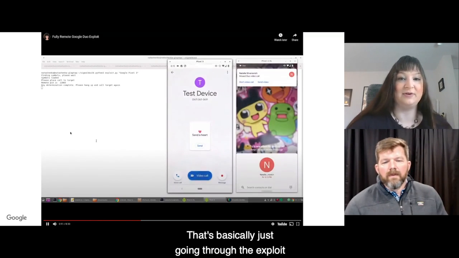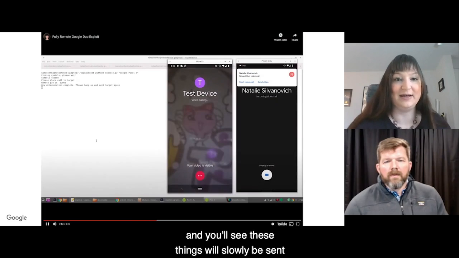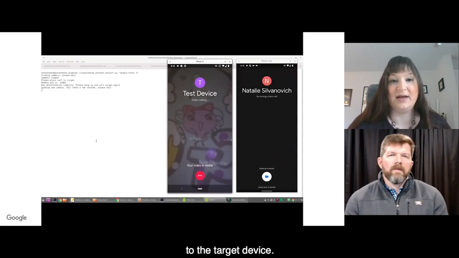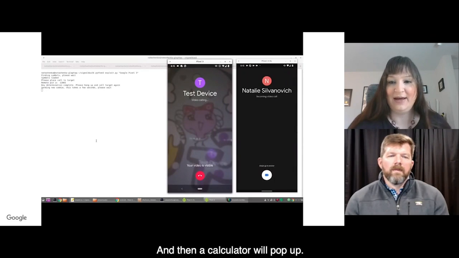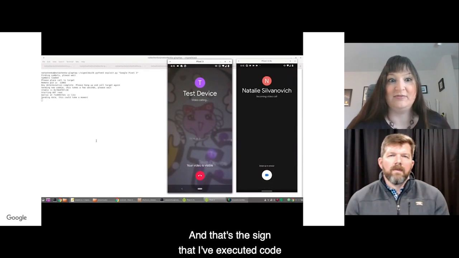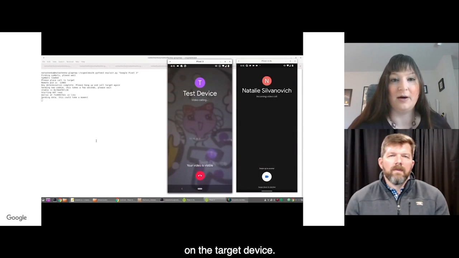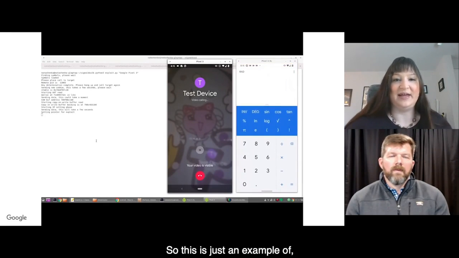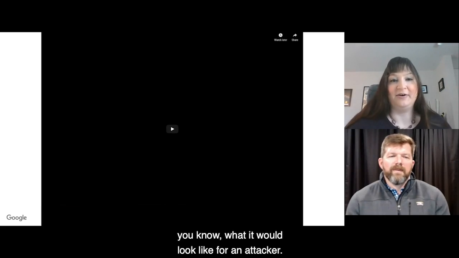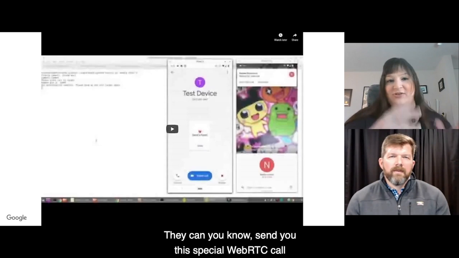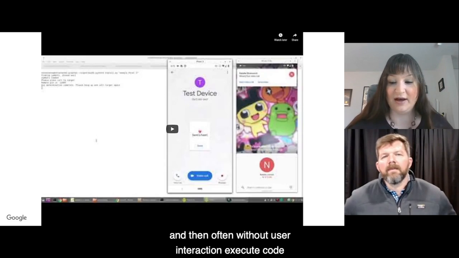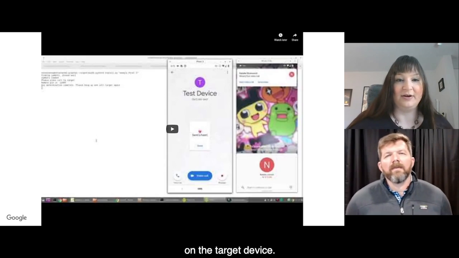That's basically just going through the exploit, and you'll see these things will slowly be sent to the target device, and then a calculator will pop up, and that's the sign that I've executed code on the target device. So this is just an example of what it would look like for an attacker. They can send you this special WebRTC call, and then often without user interaction, execute code on the target device.